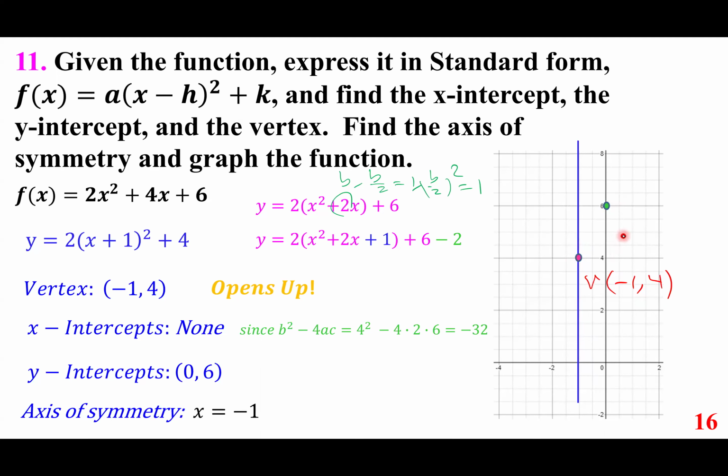By symmetry, because this distance is given as 1, if we go the same distance on the left side, we should get another point with the same y coordinate. So I hope you see that by symmetry, we can create one more point, and it just opens up like that. And there you have the graph. Very simple. This is just using the old method, because that's what they're asking, and that's the method with which they have presented the function.